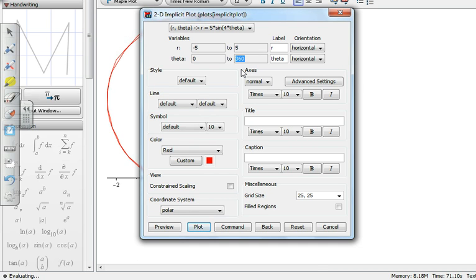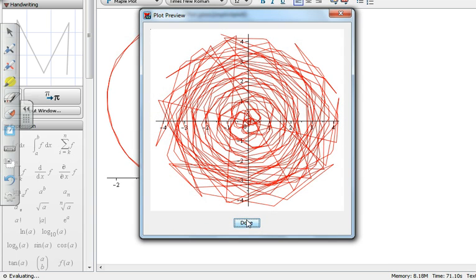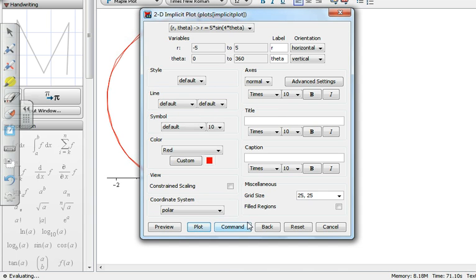Oh, that's the problem. This isn't horizontal and vertical anymore because we're in the polar coordinate system. How come I can't change these to something other than that? Labels, line, symbol, color. Advanced settings, axes. Box, frame, none.